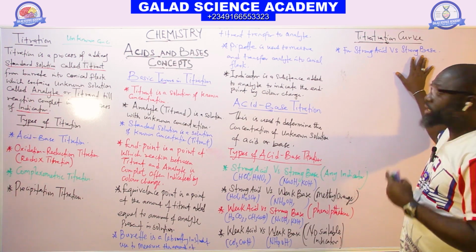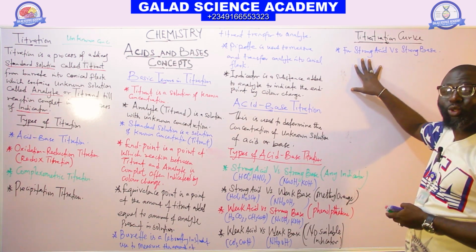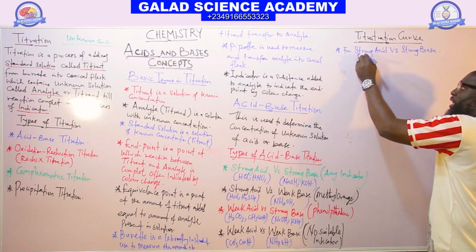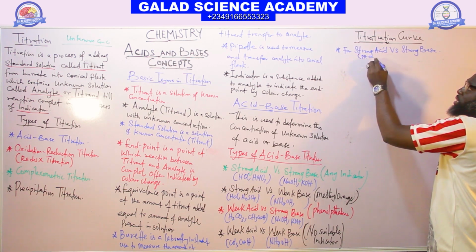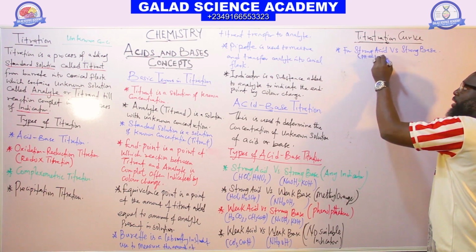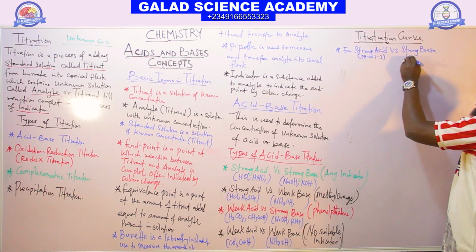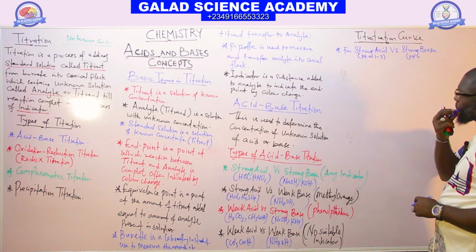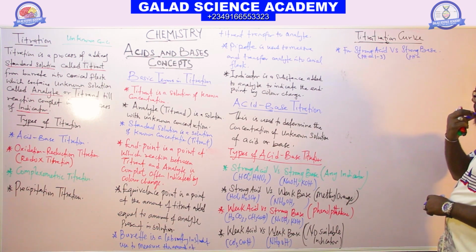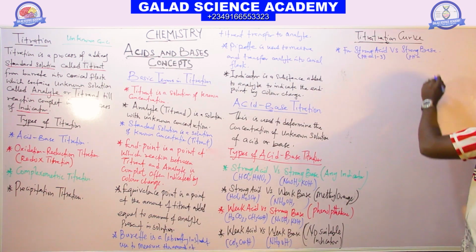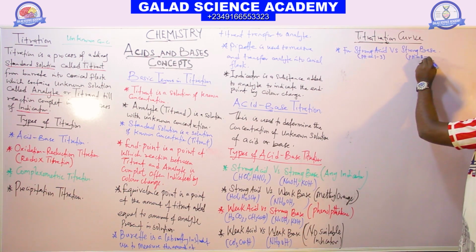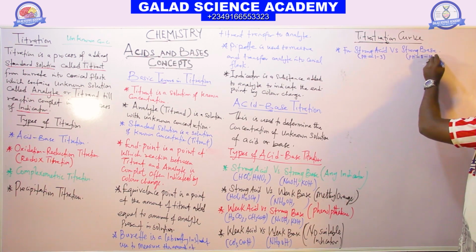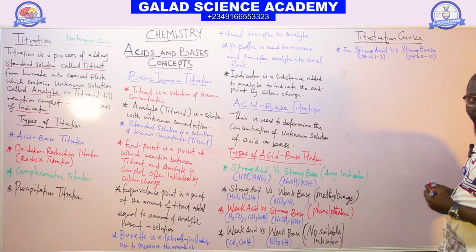We all know that the pH of strong acid is between 1 to 3, and the pH for strong base is also between, let me say, 8 to 10, for the strong base.